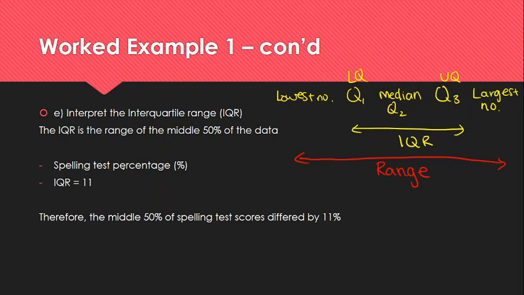We know we're talking about a spelling test percentage, and we know that the IQR is 11. So what does that mean? We could say, therefore, the middle 50% of spelling test scores differed by 11%. Sometimes in your textbook they say test scores were less than 11%, but you really have to read the question and interpret it the way the question is asking. So in this case, I've said that the scores differed by 11% based on the question.